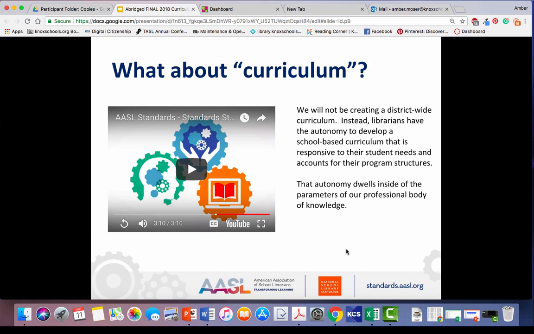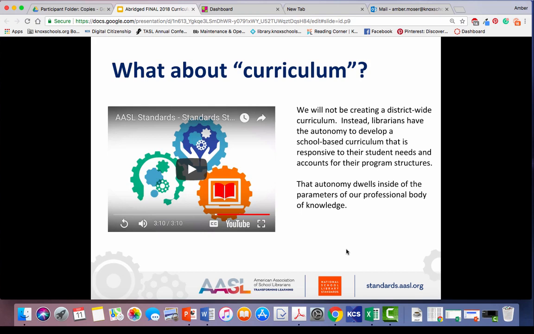As in years past, we will not be creating a district-wide curriculum. And you know from previous conversations, it's because of the wide variety of programs that we have out there. Some flexible schedules, some fixed schedules.